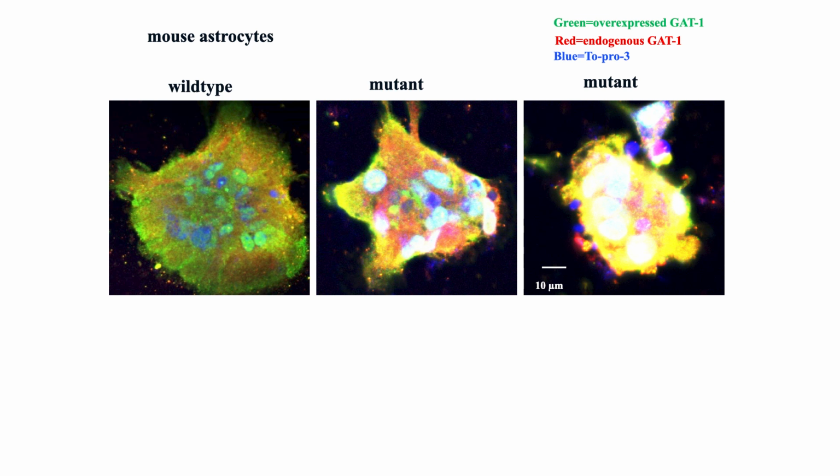We want to see if the mutant version and the wild type version can interact. For the wild type, you see both green and red have a nice distribution at the cell membrane. But for these two different mutants, the mutant forms very large clumps inside the astrocytes, suggesting the mutant protein is stuck inside the cells.